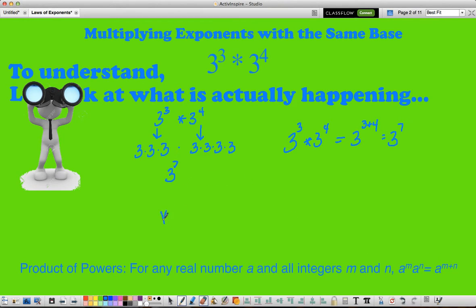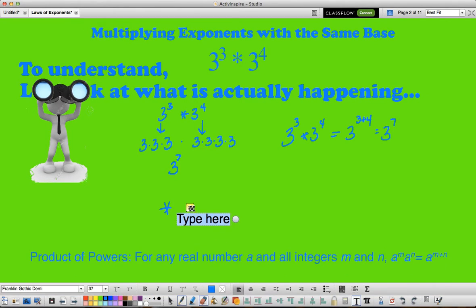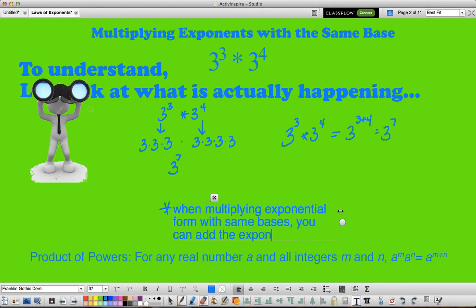So basically what it boils down to is when multiplying exponential form with the same base, you can keep the base and add the exponents.